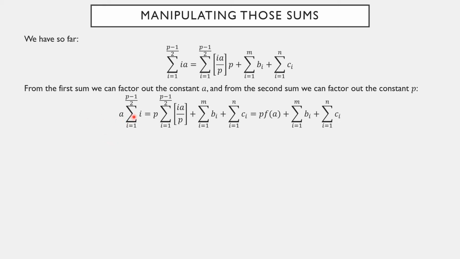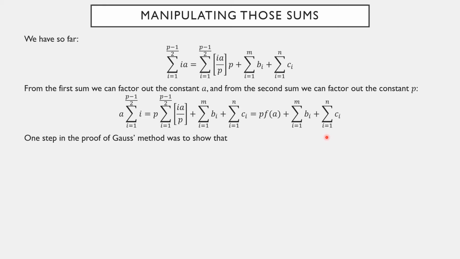This is A times this sum of i's is equal to P times this sum plus these two things that we haven't touched yet. Now this P has been factored out, but this sum of all of these quotients is exactly what we defined as f of A. So A times this sum is equal to P times f of A plus the sum of the small remainders plus the sum of the big ones.